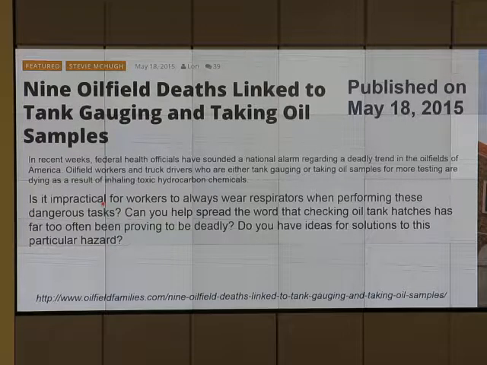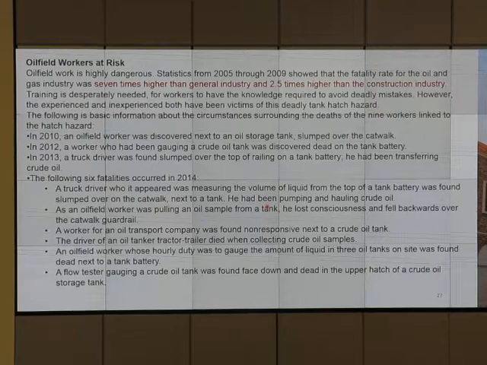It may be inconvenient, but you can always do it. Is it inconvenient? Do you want to do it? No, but if you die, then you want to do it, right? Do you have an idea of a solution to this particular hazard? Just wear it. A respirator is maybe $50, $100 or something, I don't know.